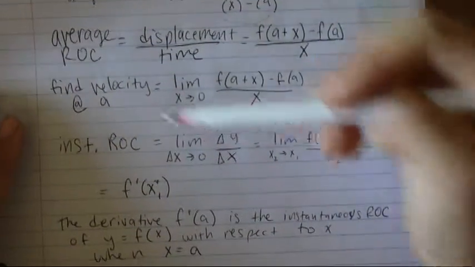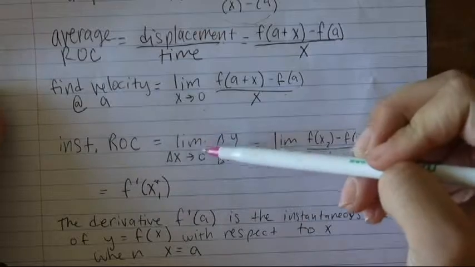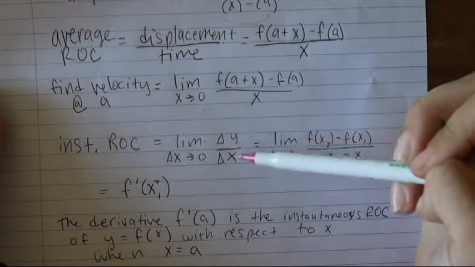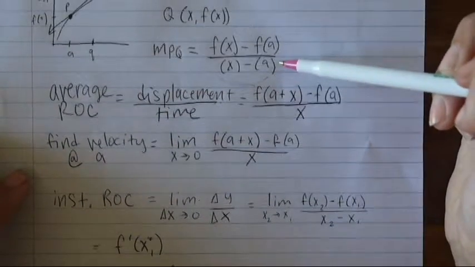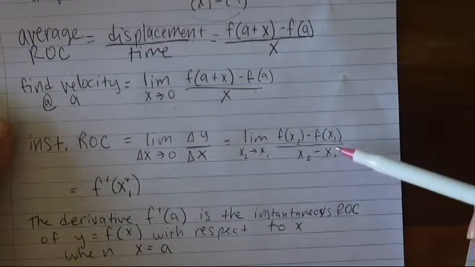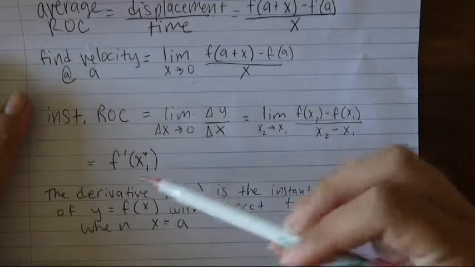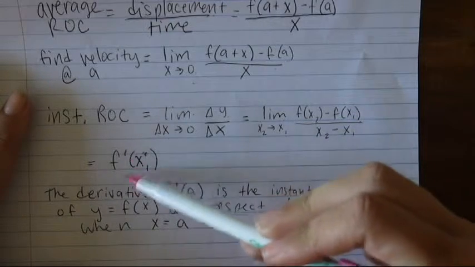So continuing to talk about the instant rate of change, which we know is the limit as change of x approaches 0 of change of y over change of x, which is back to this original formula, which is also equal to this. This limit is accepted as being equal to f prime of a, the derivative.